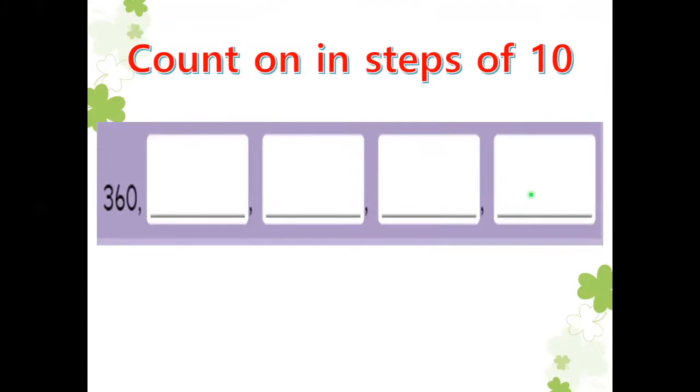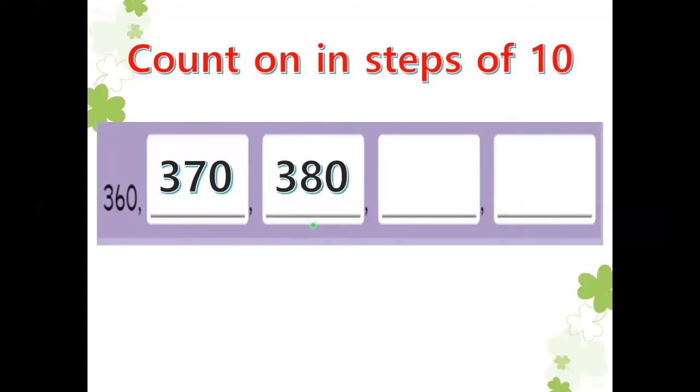All right, so look at this picture. So we're going to count on in steps of 10. So we're going to count forward. So what number is after 360? So 360 plus 10, so that's 370. Next, plus 10, very good, so that's 380.